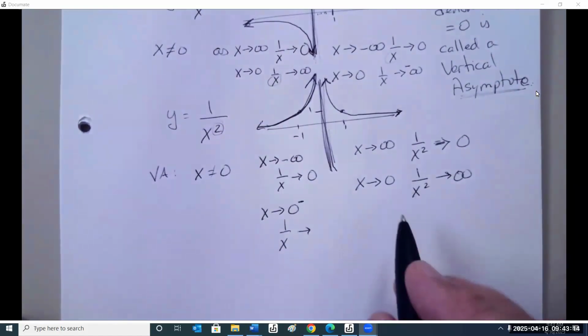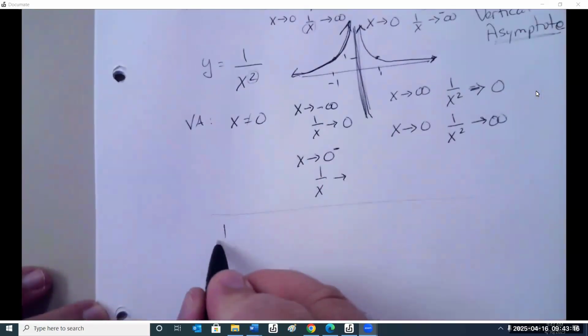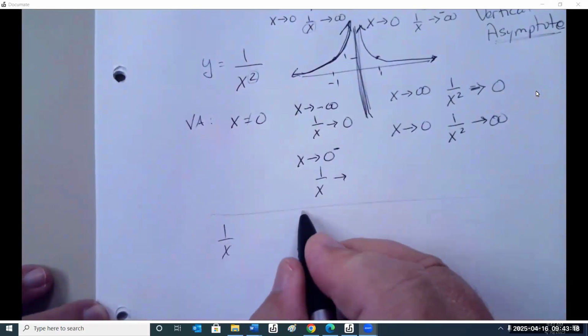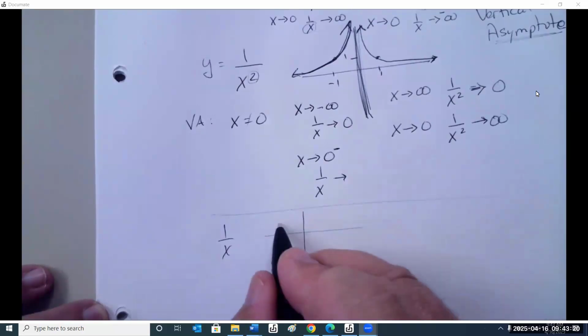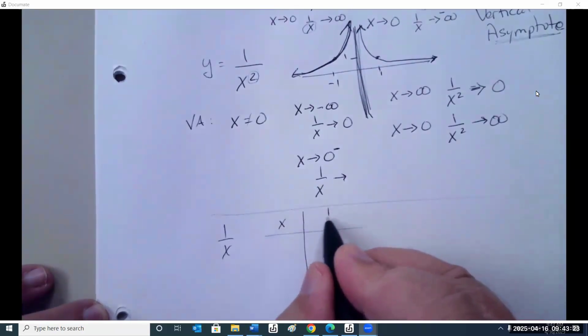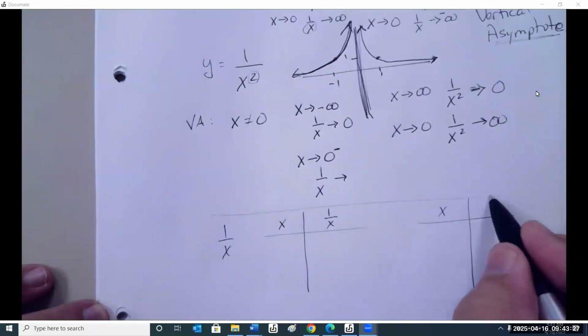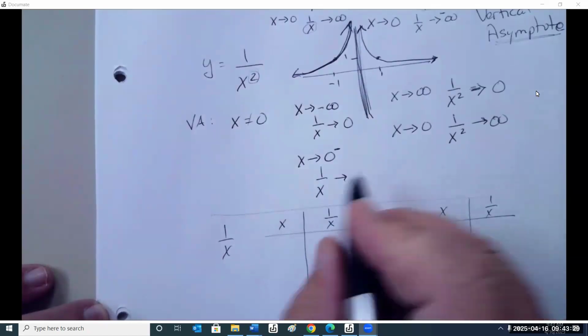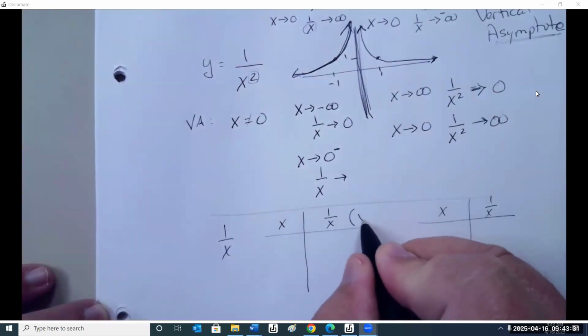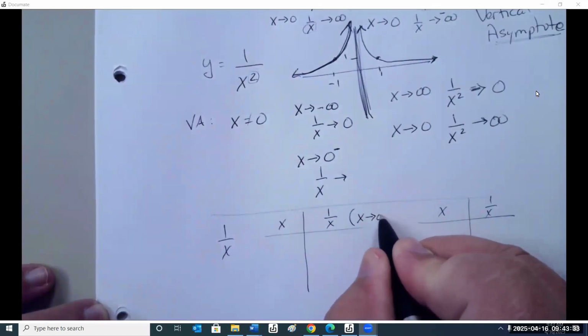So let me show you. Here's x, here's 1 over x. And we'll do it both ways. This is as x approaches infinity.